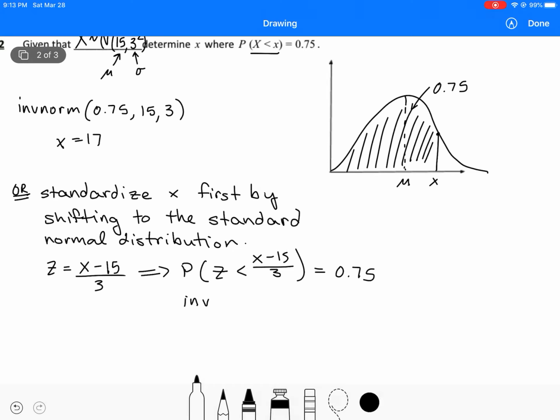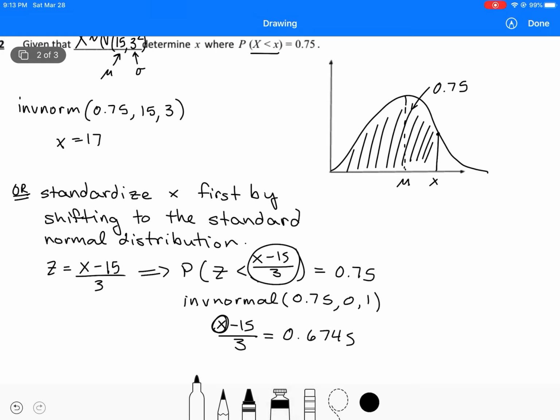So when we do inverse normal, using the standard parameters, we would put in 0.75, 0, and 1. This is going to tell us that this answer here, so it's not just a variable anymore, we've got (x minus 15) over 3 is equal to 0.6745.